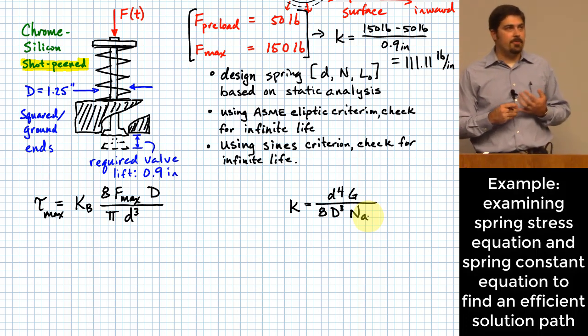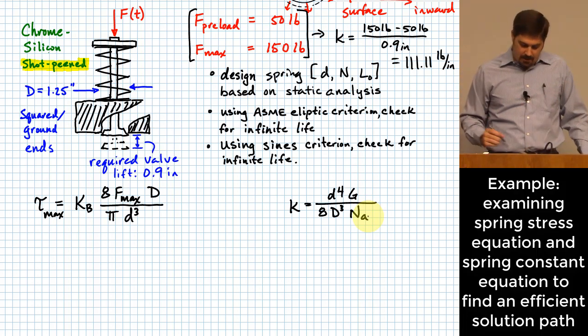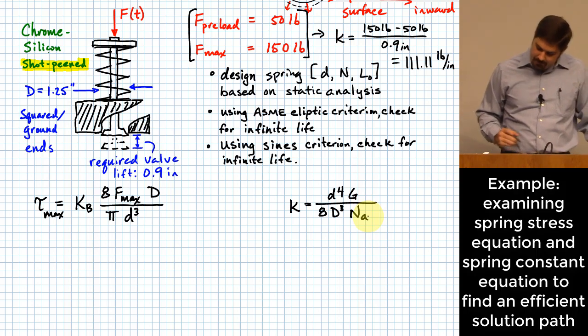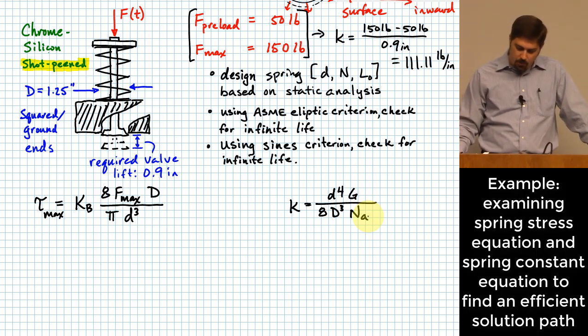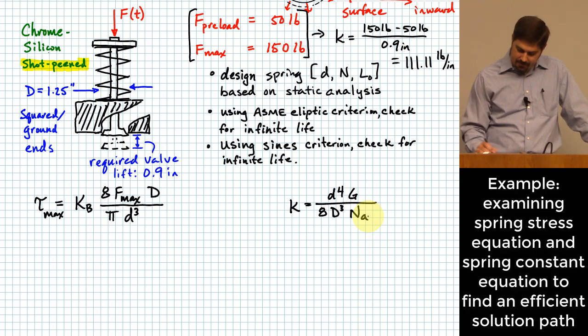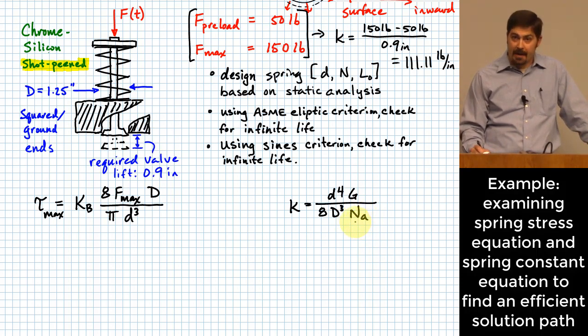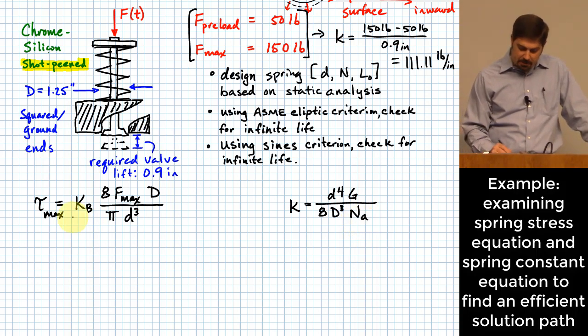Okay, here's what I want you to see with these two equations, and this will be helpful, I think, for you whenever you're doing design. There is a variable that shows up in one of these and not the other, right? That would be this number of active coils. It's interesting to note that the stress that is experienced is actually independent of the number of active coils. So we don't actually have to solve for that number of active coils just yet.